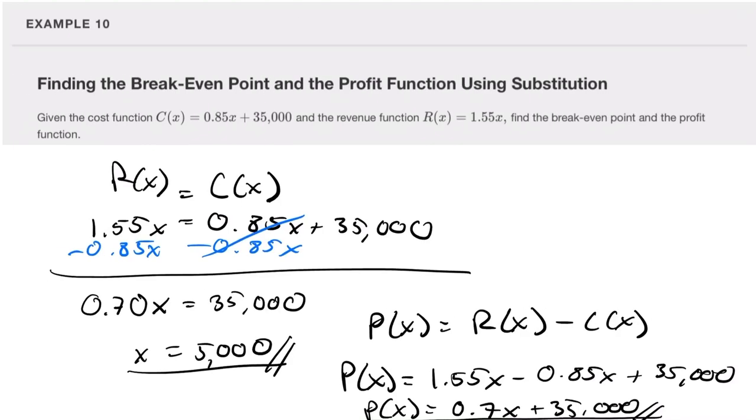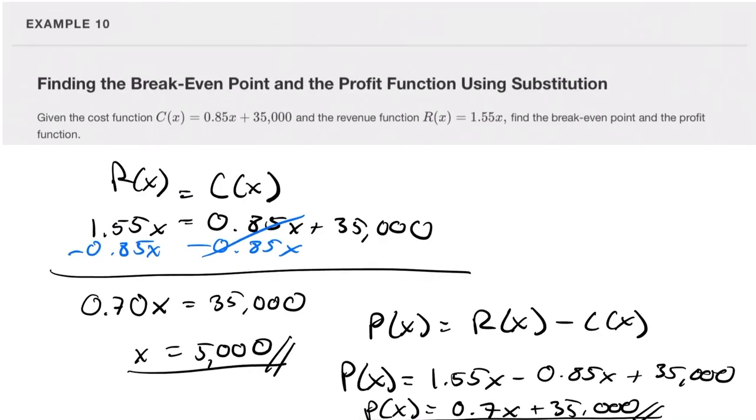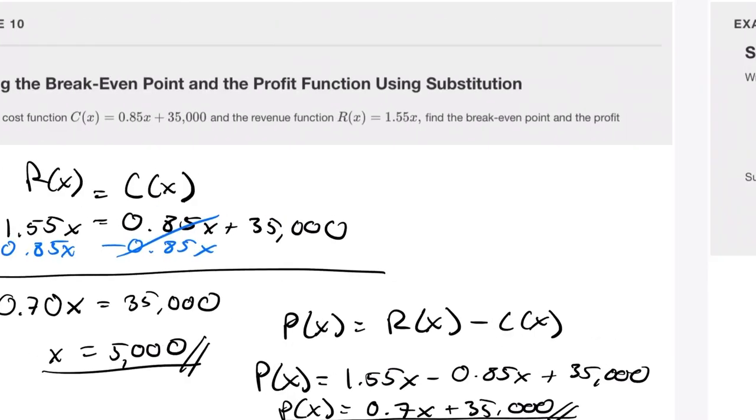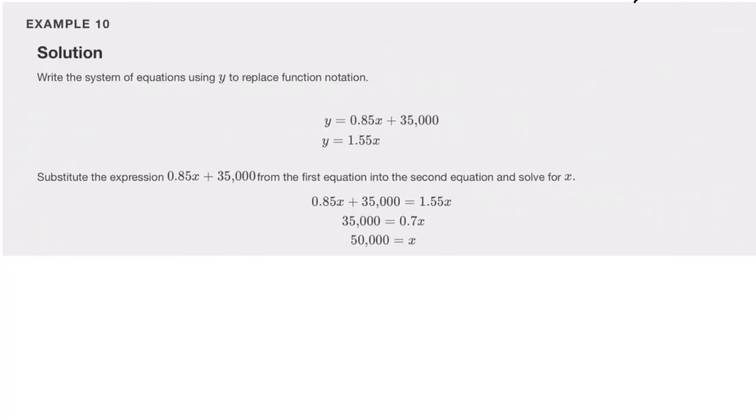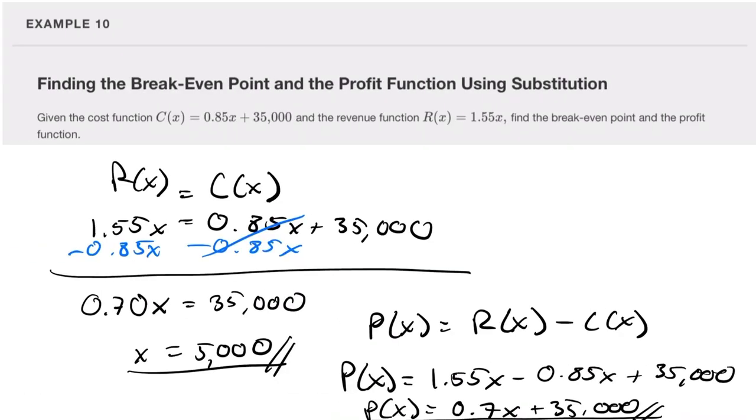They got 50,000, 0.7. Maybe I didn't say something right. 35,000. Hey Google, what's 35,000 divided by 0.7? 35,000 divided by 7 is 5,000. Oh, she thought I said 7. Okay.